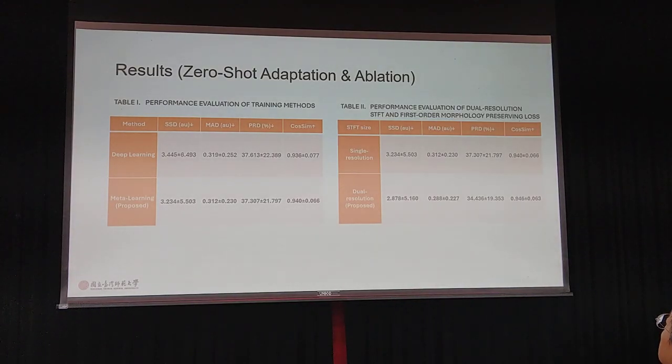You can see that the dual-resolution architecture successfully reduces the SSD, reflecting the global error. Moreover, after incorporating the first order morphology training loss, the maximum local distortion decreases. This proves the waveform oversmoothing problem has been successfully addressed.